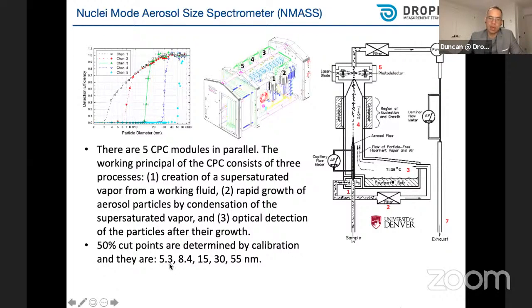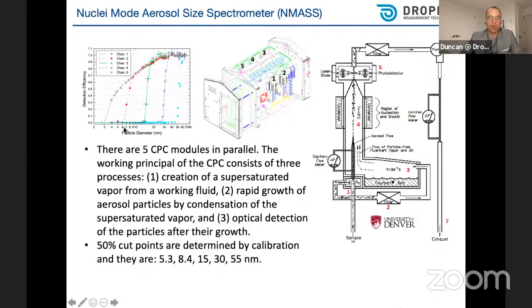Channel 1, here you see the growth efficiency. You see that growth starts at 3 nanometers, and by 20 nanometers or so, you've grown all the particles at that point. So channel 1 will grow all the particles greater than 3 nanometers.